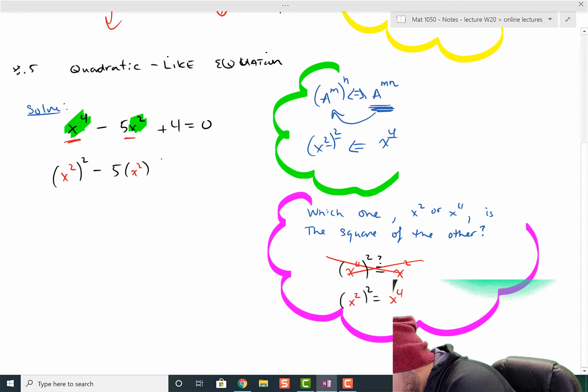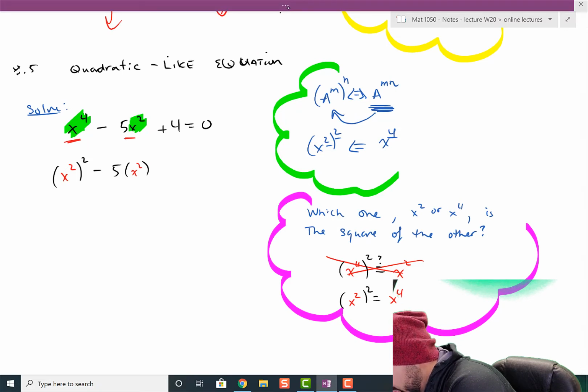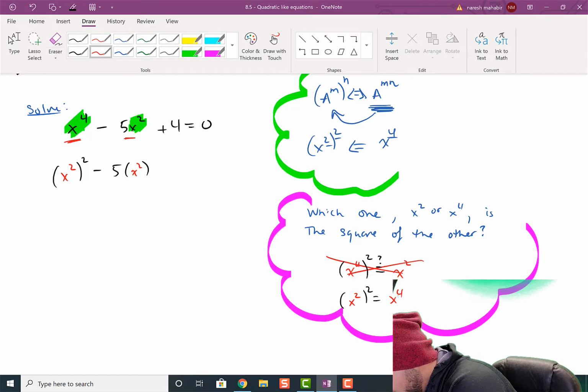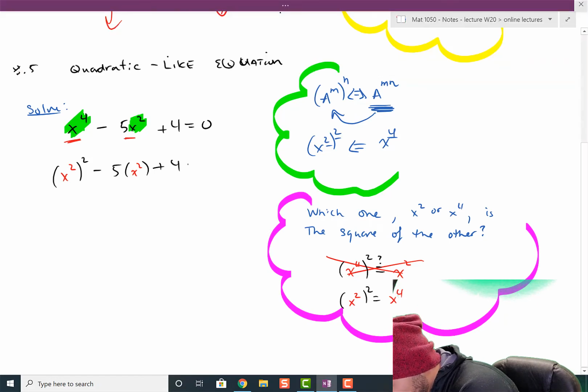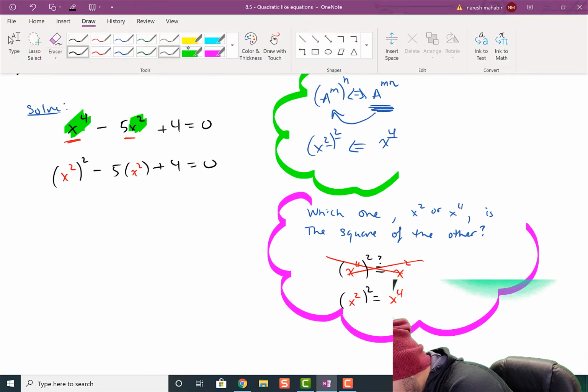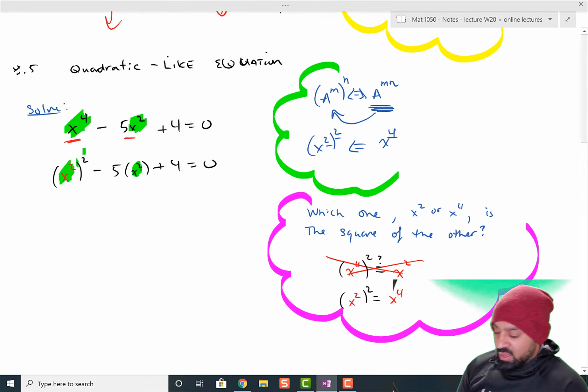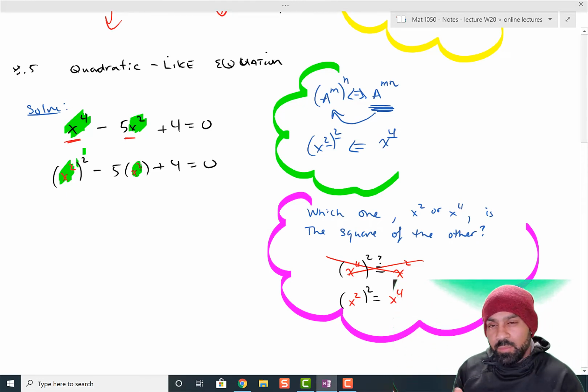Now, isn't that interesting? So it's still something squared, right? So it's quadratic-like, but it's not exactly the same.